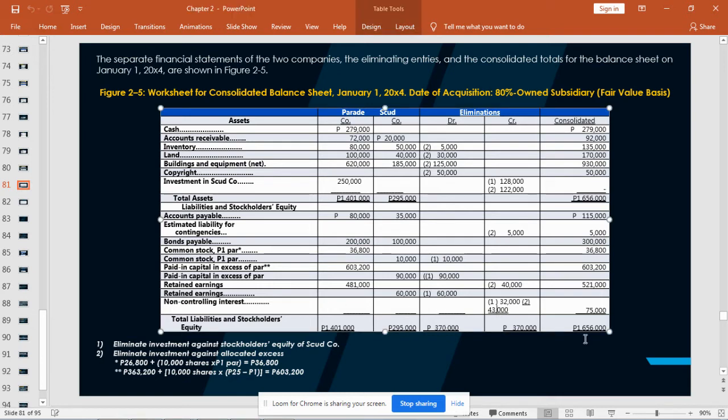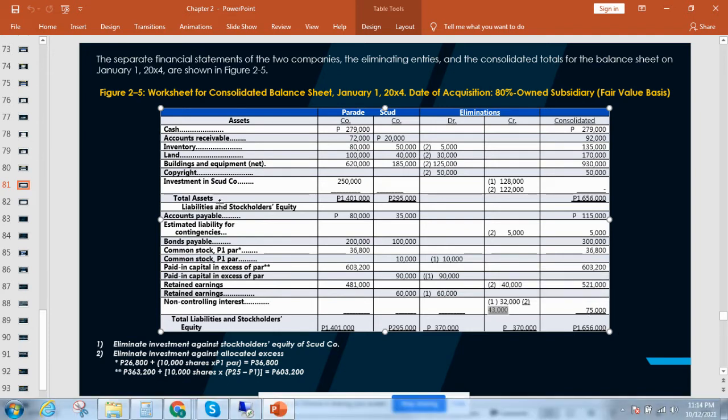Okay? So, kung titignan natin, the non-controlling interest amount will be equal to the fair value, which is given. Okay? Ayan.